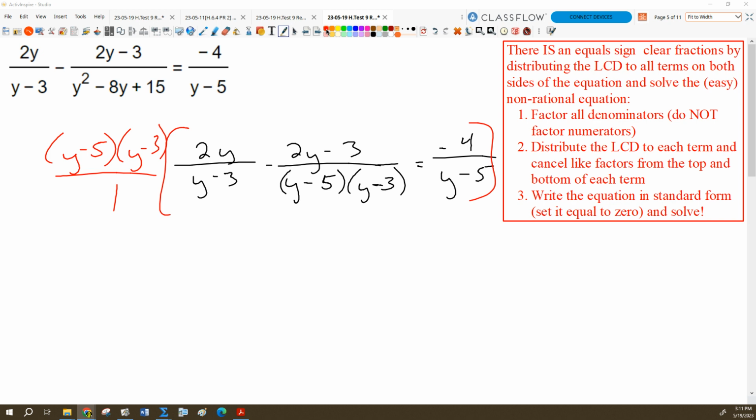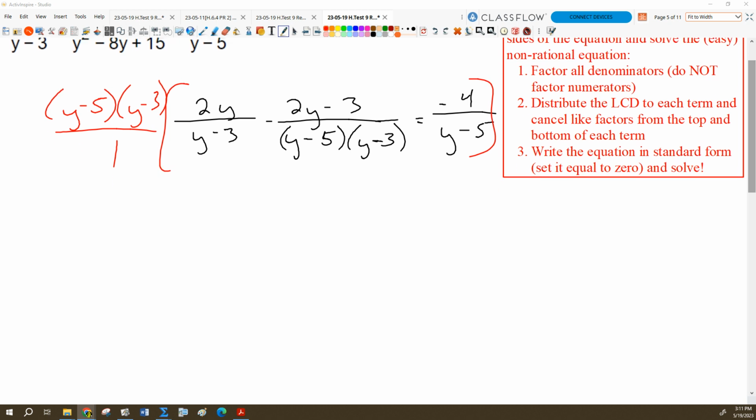Okay, now I think you can shorten this up a little bit. You don't have to write out what you get when you distribute that to each term. You can just sort of cancel as you go. Here's what I mean by that. When we distribute to our first fraction, what's going to cancel? The y minus 3s are going to cancel. So what do I end up distributing then to the top? y minus 5 only, right?